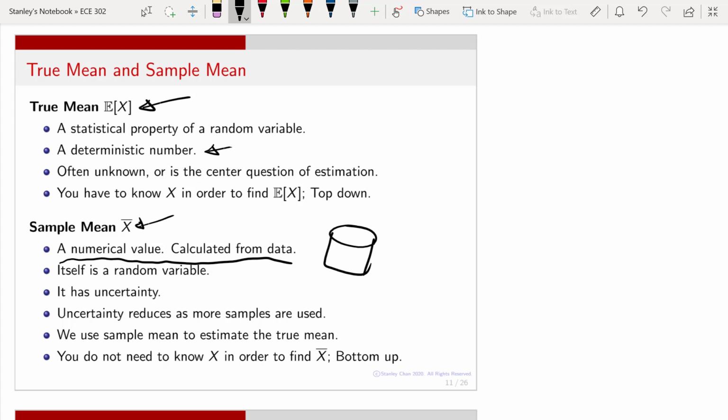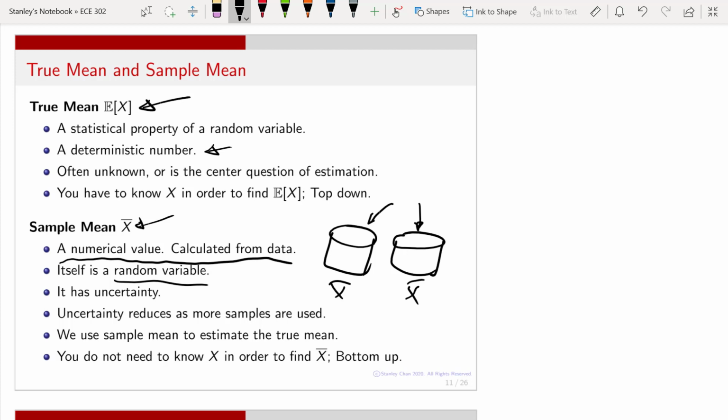This number itself is a random variable because today I have this data set, tomorrow I have another data set. They are coming from the same random variable, but they're just two different realizations of the same random variable. Because they're different, the sample mean from here will be different from the sample mean I calculated there. And therefore it is itself a random variable.